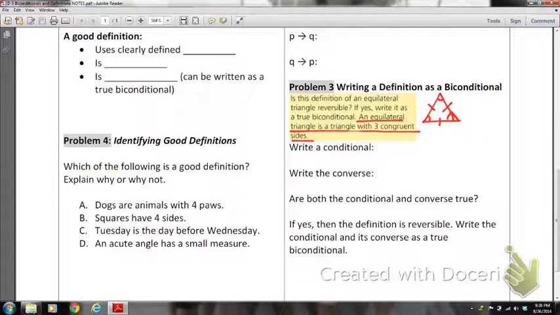So let's write this as a conditional statement. We're going to write it as an if-then statement. One way we can do this is, if a triangle is equilateral, then it has 3 congruent sides.